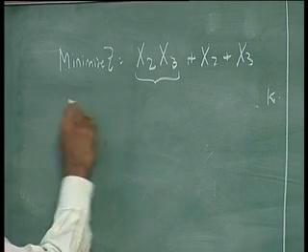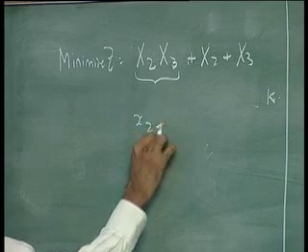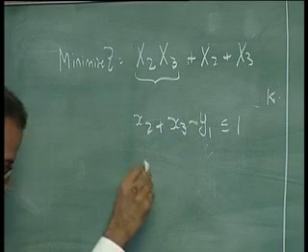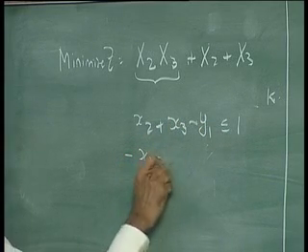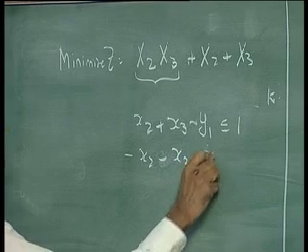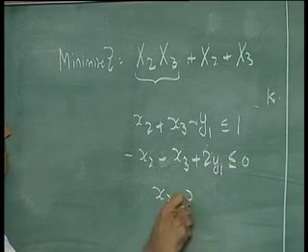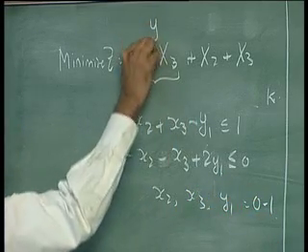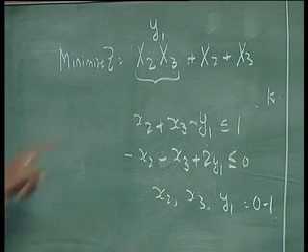So, you will replace x2 x3 by y1 and then say that x2 plus x3 minus y1 less than or equal to 1, minus x2 minus x3 plus 2 y1 less than or equal to 0, x2, x3, y1 equal to 0 1. So, x2 x3 will be replaced by y1 and then you will have this.